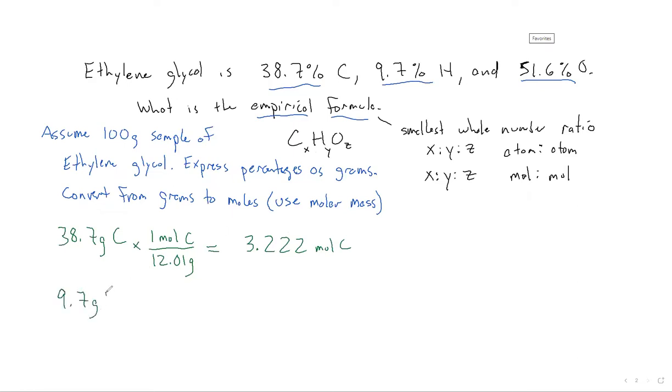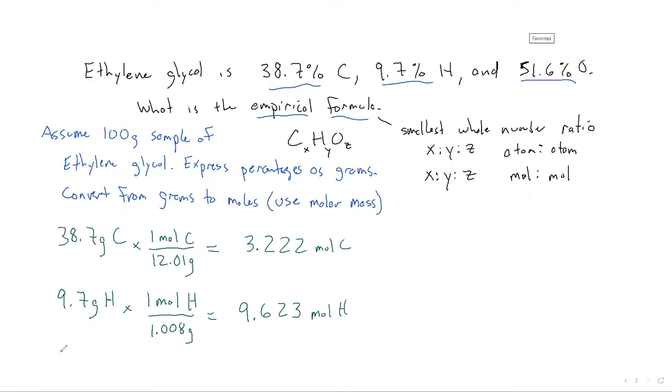All right, let's do hydrogen now. 9.7 grams of hydrogen. 1 mole of hydrogen weighs 1.008 grams, right? It's a conversion factor, the molar mass from the periodic table. So 9.7 divided by 1.008 equals 9.623 moles of hydrogen.